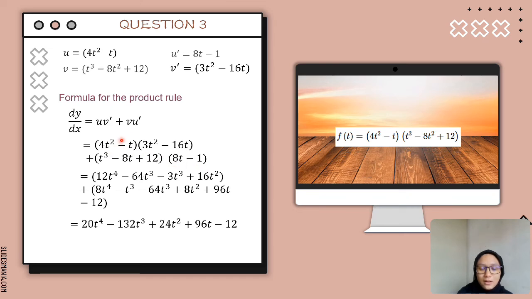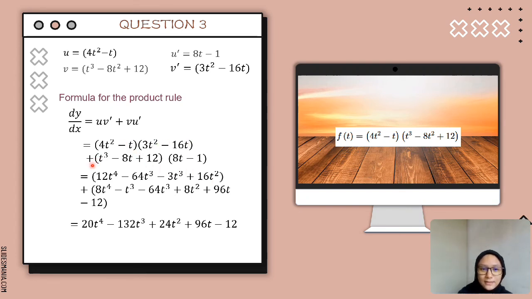Then we expand everything. The 4t squared with 3t squared, and we get 12t to the power of 4. Then the 4t squared with the negative 16t, and we get negative 64t cubed. Then the negative t with 3t squared, and we get negative 3t cubed, and the last one, negative t multiplied with negative 16t, and we get plus 16t squared, for the first part.